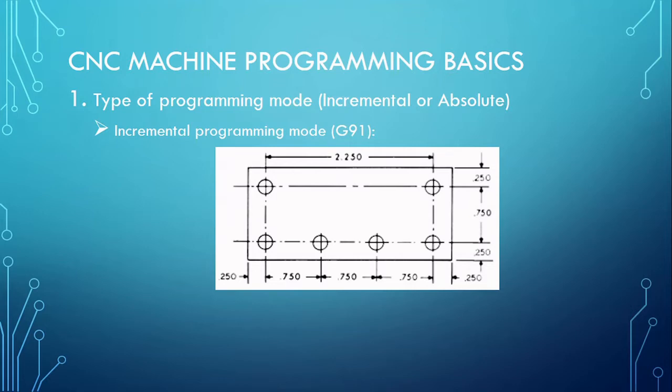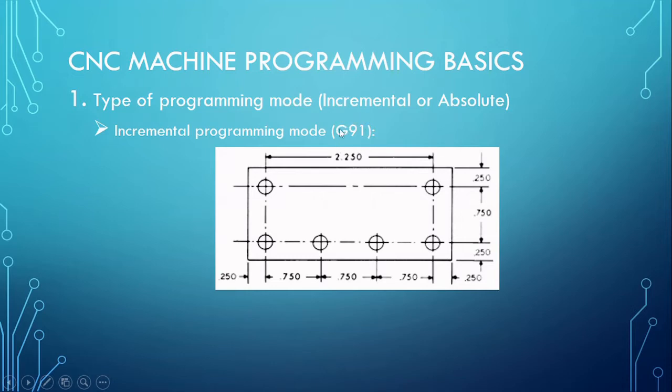Now, what is the difference between the two? For incremental programming mode, the part programming code is G91. We talked about the part program being alphanumeric data. So the G is the alphabet and 91 is the number. So once the part program reads G91, the machine knows that the programming is in incremental.